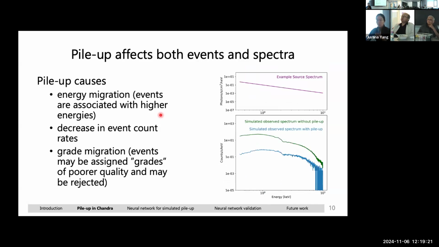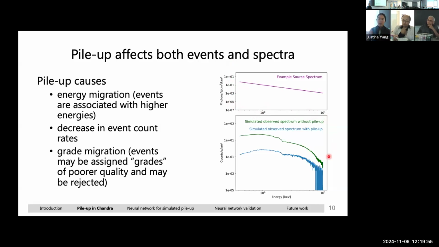So here's an example with a slightly more realistic looking spectrum, just to illustrate the point that if your idealized source spectrum was just a power law, with your log intensity being linearly related to your log energy, then without pileup, you would get this green spectrum, which has a particular shape and a particular slope at various energies.